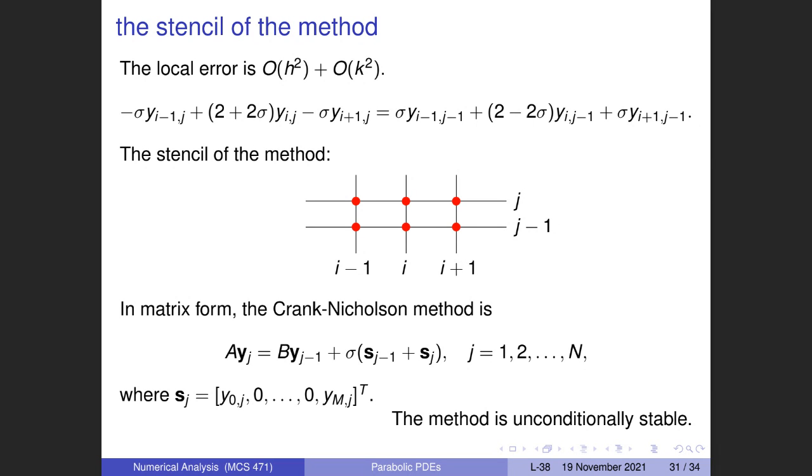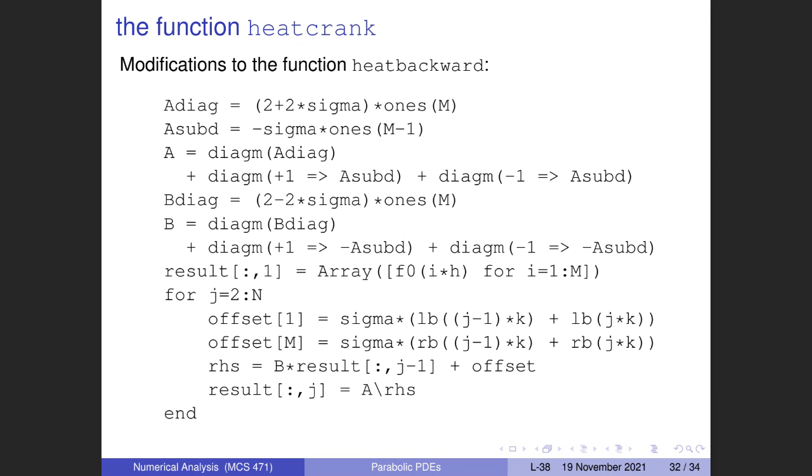So the method of Crank-Nicolson can be seen as a combination of forward and backward differences. But the method is still short enough to describe.